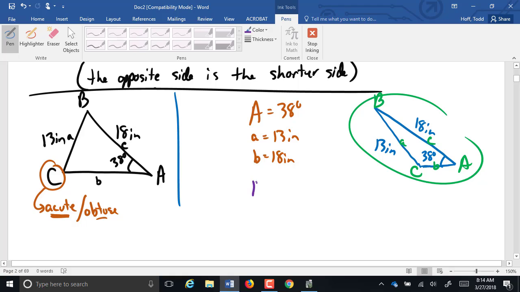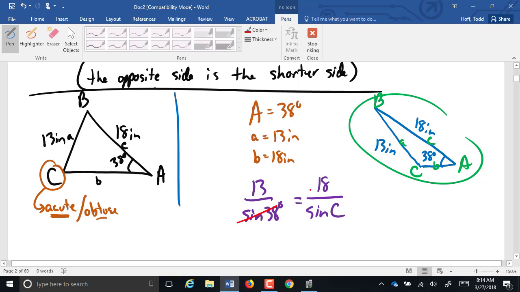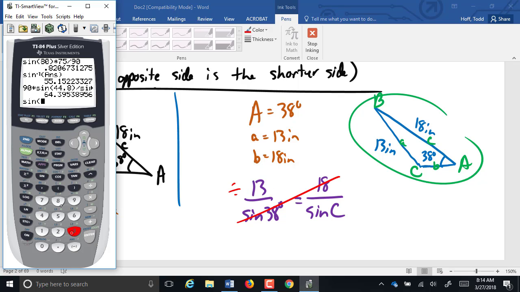Well, I have my 13 over the sine of 38. There's my side, my opposite angle, right? I have the 18-inch side. It's going to go over the sine of C. I'm going to cross multiply and divide. Sine of 38 degrees times 18 divided by 13.